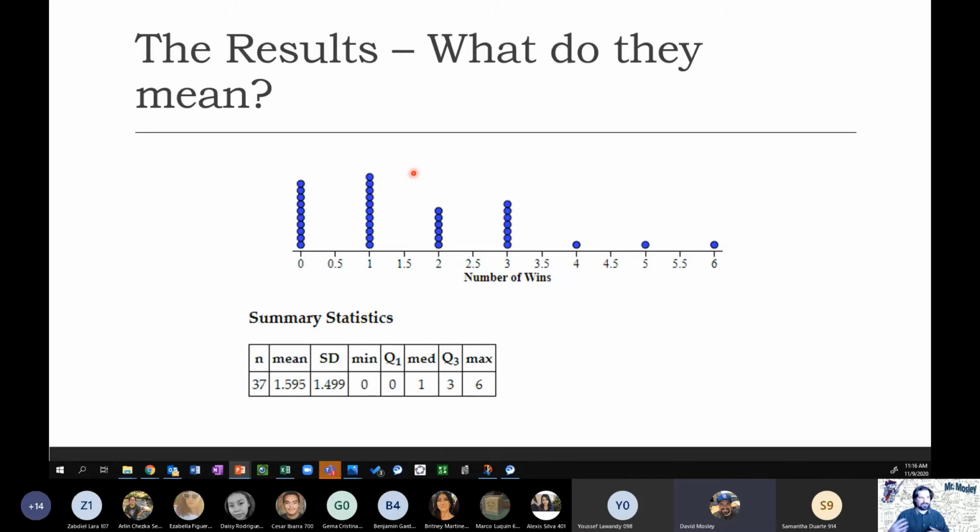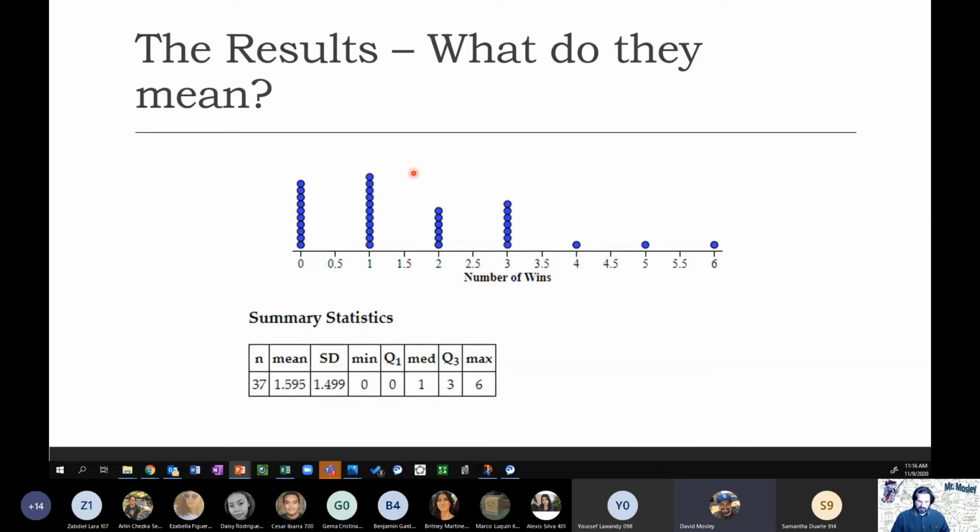So 11 out of 37. What is that? So that is 0.29 or almost 0.3.